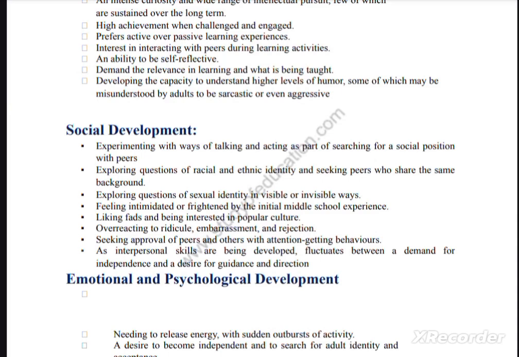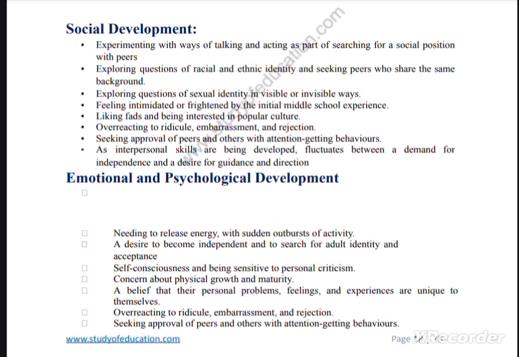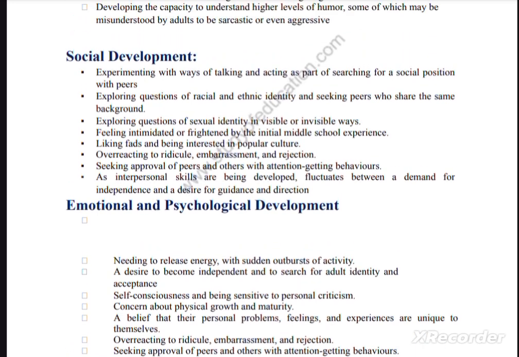Let us move to the emotional and psychological development. Emotional development is released by energy and with sudden outbursts of activity. Emotional and psychological development takes place through self-consciousness and being sensitive to personal criticism.